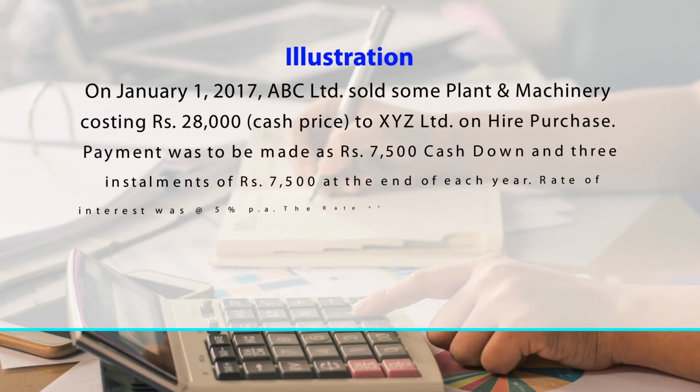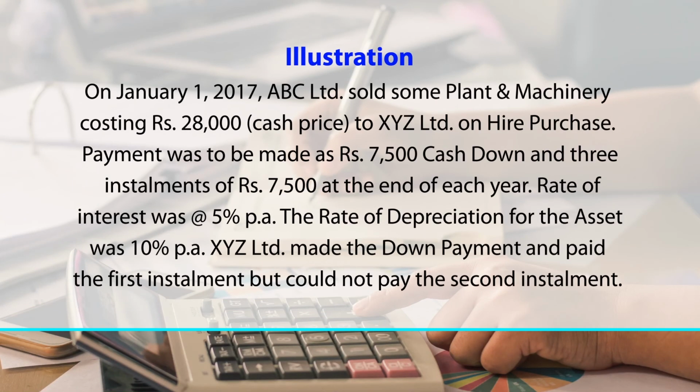Now, we would like to understand the implications of this with the help of an illustration. On January 1st, 2017, ABC Limited sold some plant and machinery costing rupees 28,000 cash price to XYZ Limited.